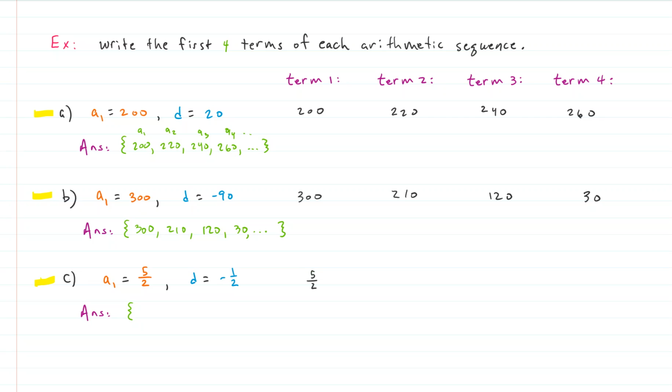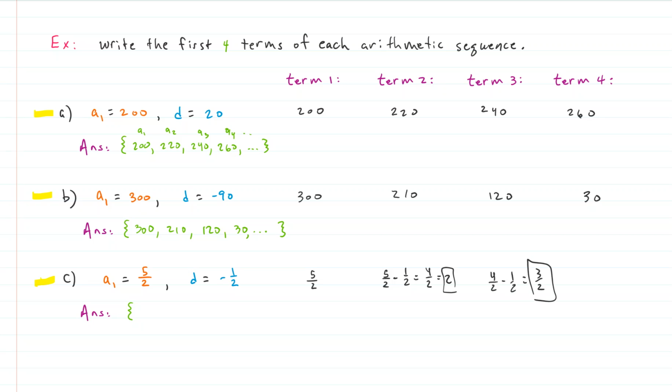So if I took a half away, if I have 5 halves and I subtract 1 half, what do I get? 4 halves, which is 2. And then if I subtract again 1 half, I have 4 halves minus 1 half, which gives me 3 halves.